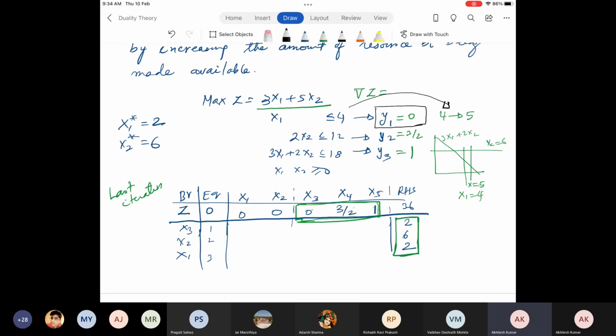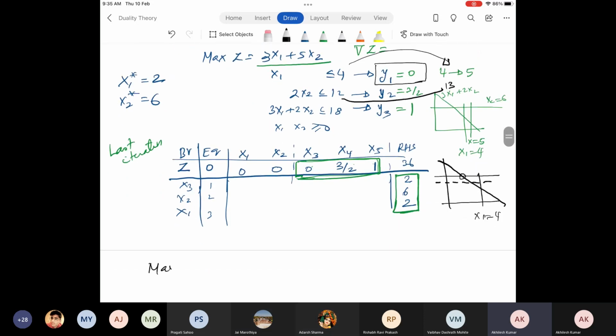But if you increase this from 12 to, let's say, 13. So right now I have x1 equals to 4, 3x1 plus 2x2 is like this. And from 12, I'm increasing it to 13. Whether my optimal solution changes or not. Yes, sir. It will. Do one thing, maximize, because unless you do it by yourself, you won't be able to understand.